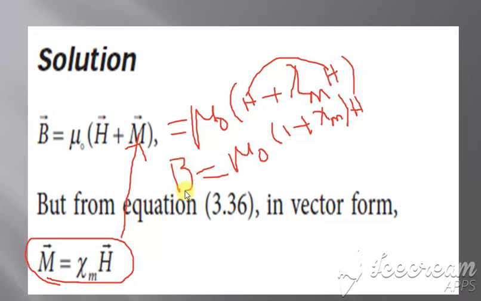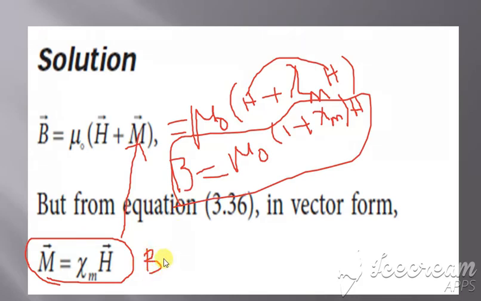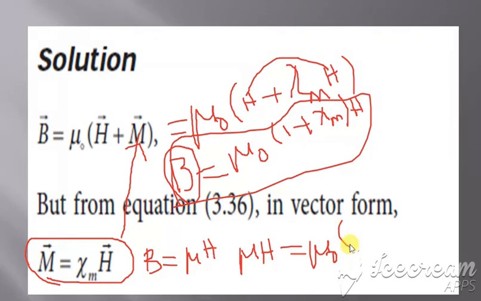Keep this equation as it is. Next, we are going to take the other formula for B, which is B is equal to mu into H. This is the other value of B. Now instead of this B, if you substitute this value here, we get mu into H is equal to mu naught into (1 plus xi m) into H. Now on both sides H gets cancelled.